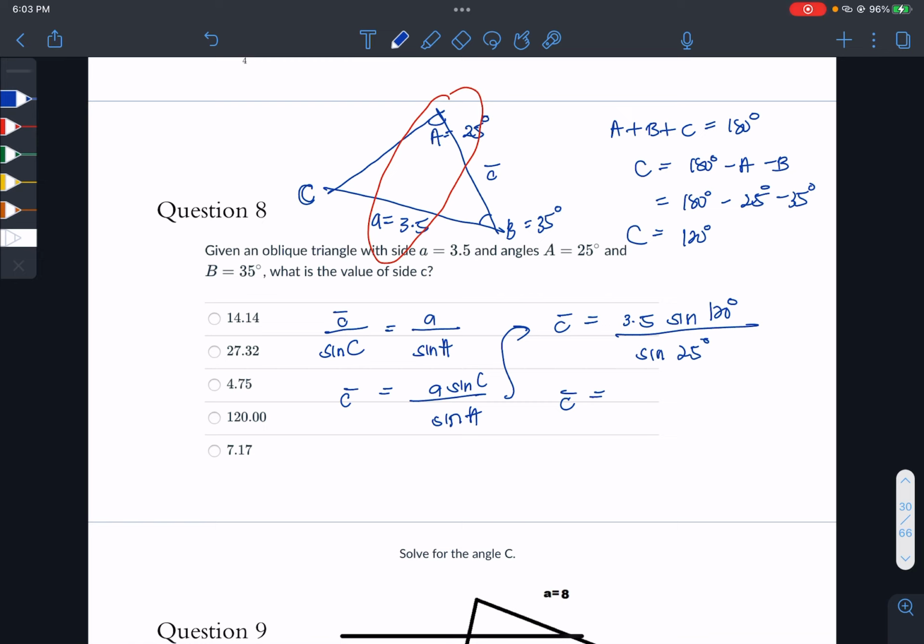On the calculator, 3.5 times sine 120, and then divide by sine 25. So the answer is 7.17. So which is this one.